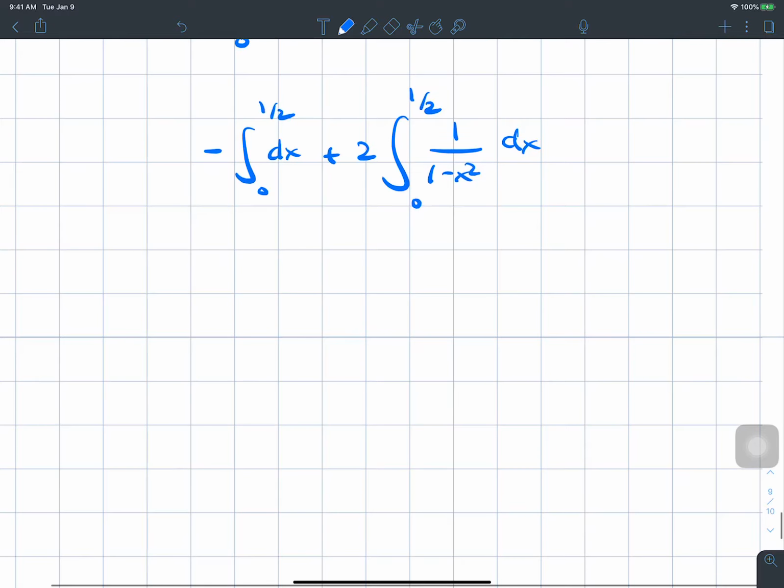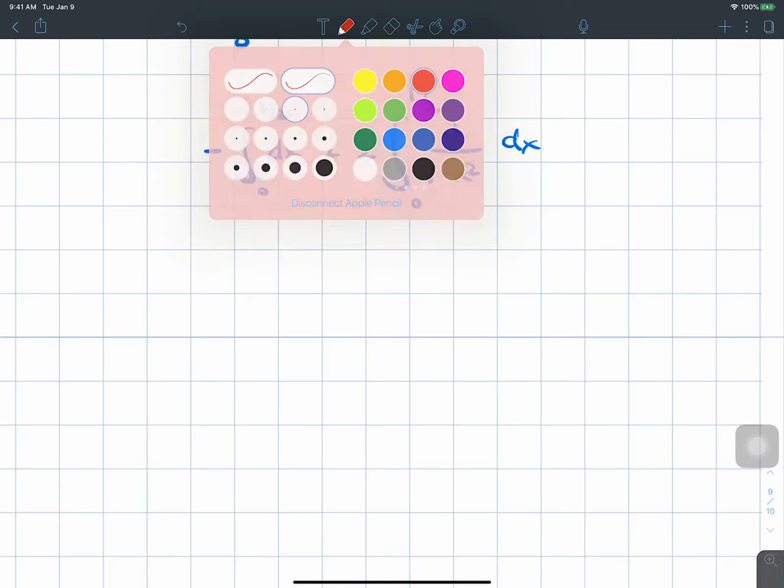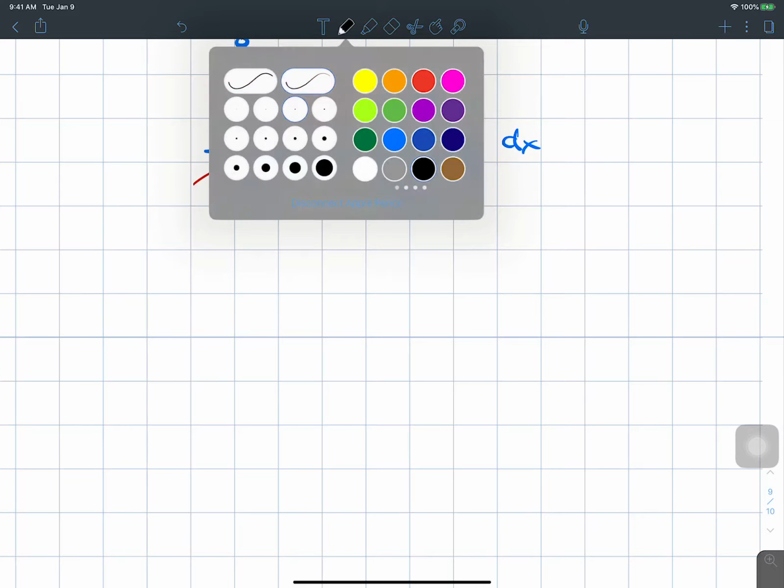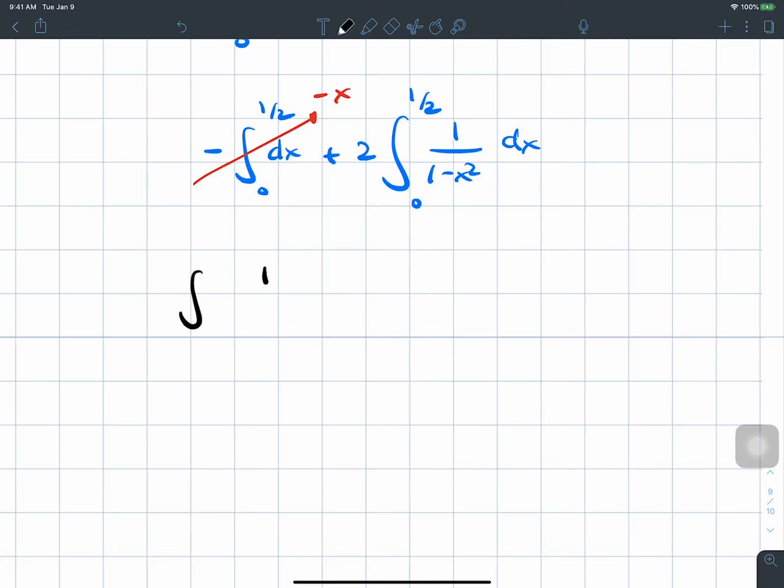So I want to note something here for you guys. There are different ways we can do this, but notice this first integral is easy. That's minus x. But the question is, how do I integrate 1 over (1 − x²) dx?